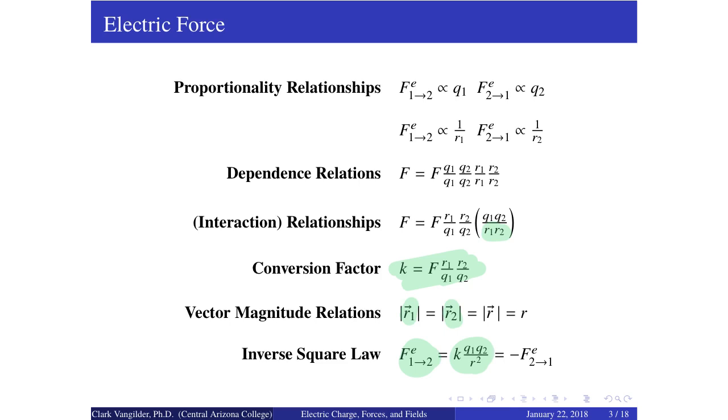Hopefully there's some familiarity there. And the negative of this right here would be the other way. Their magnitudes are identical, but the directions differ. That negative would give us a direction, basically indicating a vector. So that's the basics of it. So yes, it works.